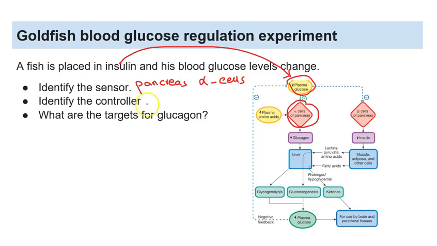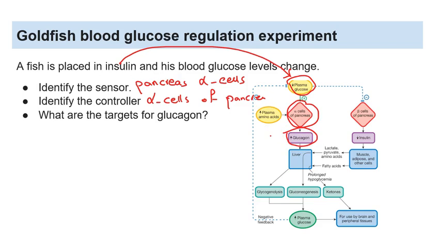So, identify the controller. The controller also would be the alpha cells of the pancreas, which produce the glucagon hormone and release it into the blood.